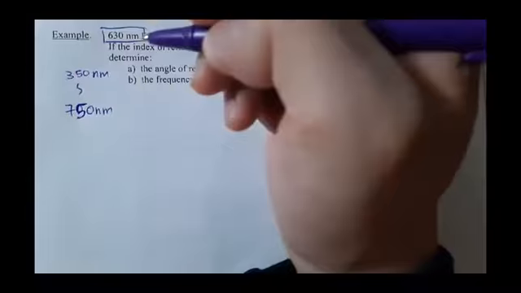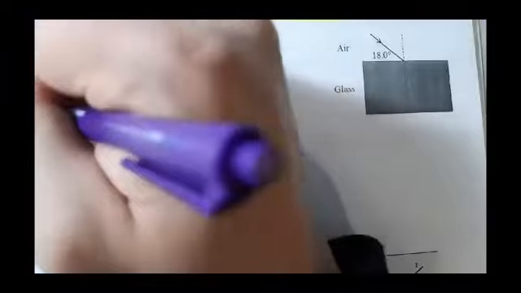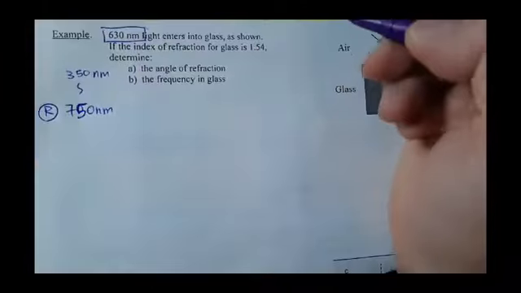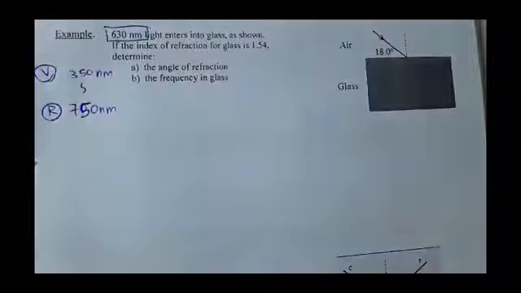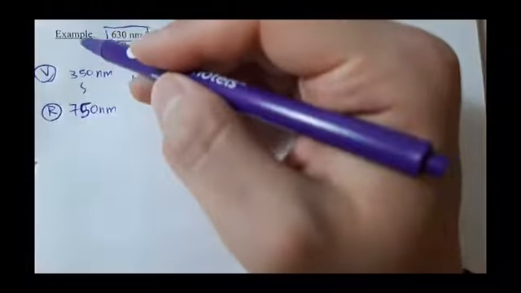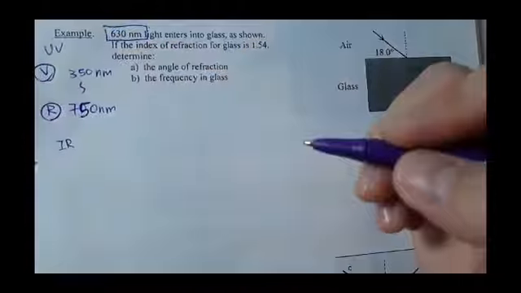So 350 is a really low wavelength, 750 is a really large wavelength compared to these two. The larger one you can consider as red, the smaller one violet, because anything below that is known as UV, and anything above that is infrared, IR.